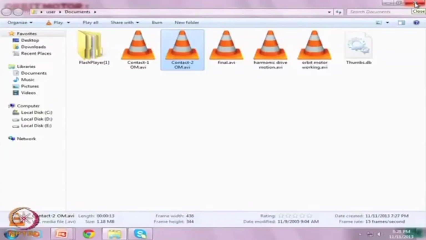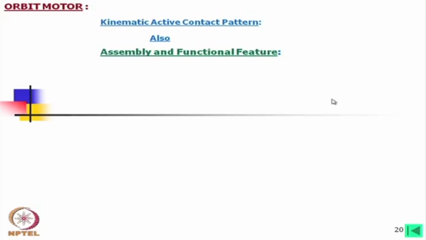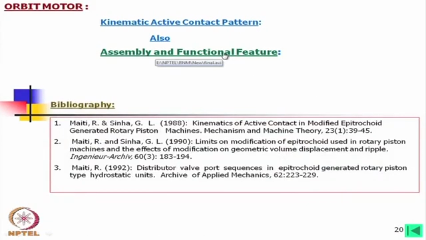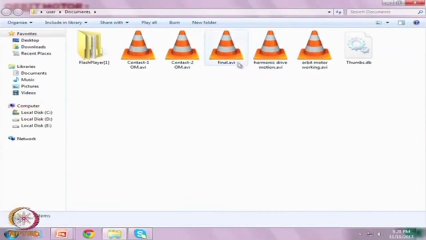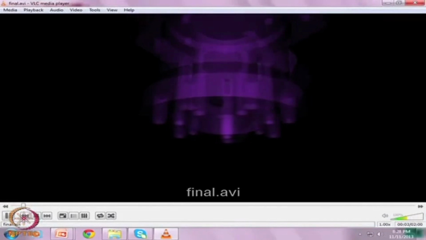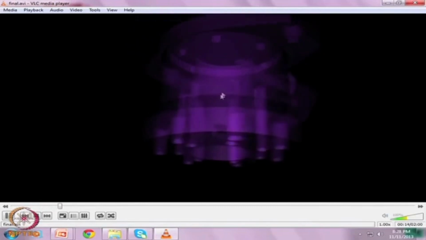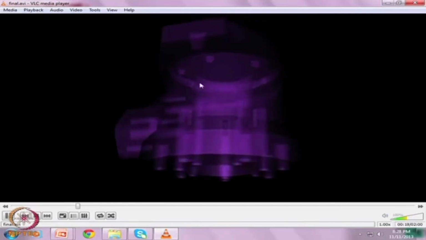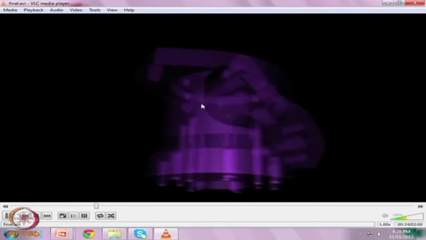Now, the last thing I would like to show you is the assembly and the functional features. If you look into this, this is the body of the orbit motor. In this, these long holes are the passage to each chamber, and you can look into the key shot type grooves through which the oil from the distributor valve comes into the chamber and goes back in the same way.